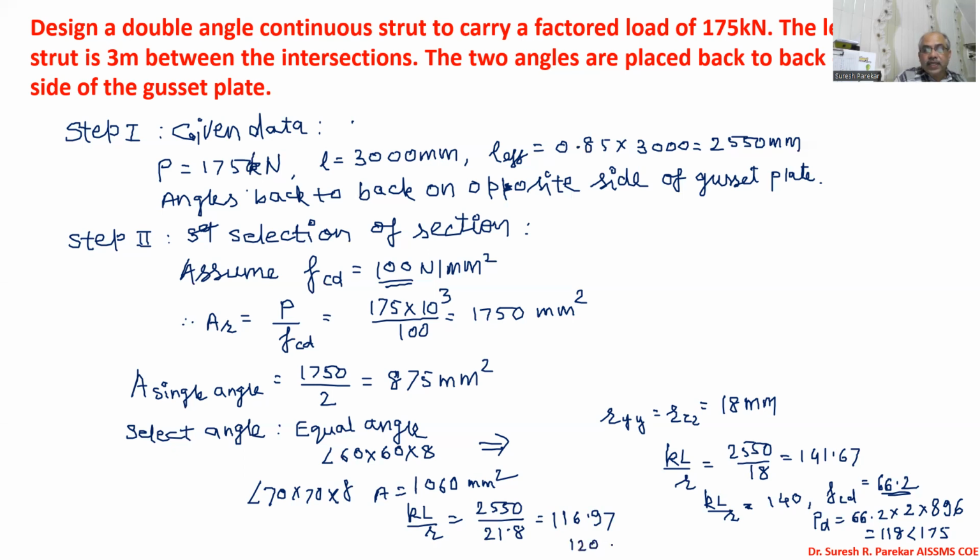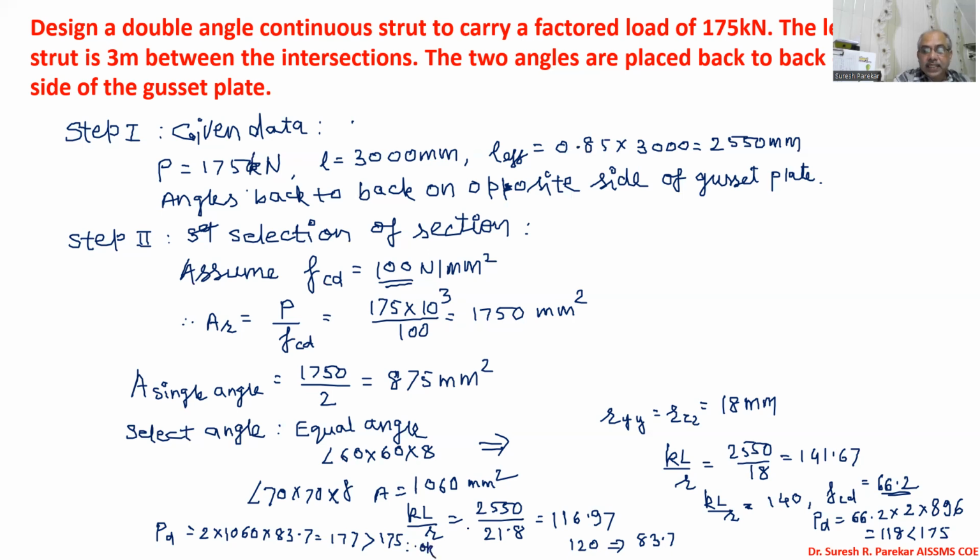Then PD is 2 into 1060 into 83.7, and this comes 177, which is greater than 175, and therefore okay.